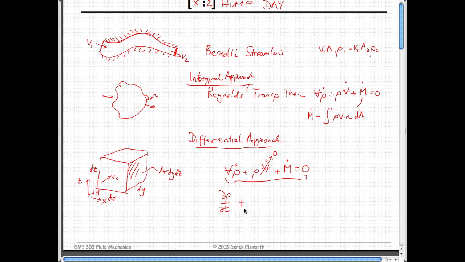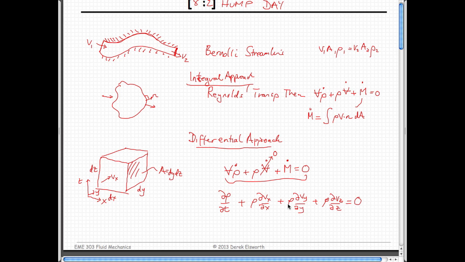And we have a term which is the rate of change of density times velocity in the x direction with x, plus density times the rate of change of velocity in the y direction with y, plus density times the rate of change of velocity in the z direction with z, equals 0.